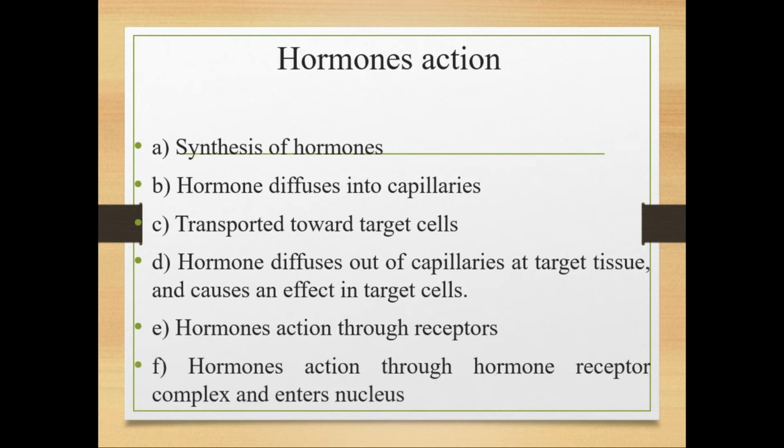So, hormones can be divided into groups on the basis of their chemical nature. We have already seen in previous lectures that there are some hormones whose chemical nature is related to proteins, so we call them peptide hormones, or they contain polypeptide chains.